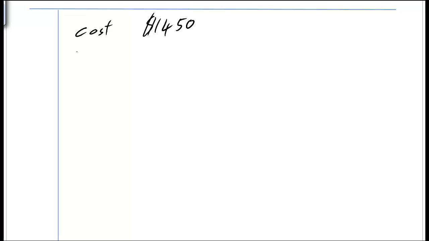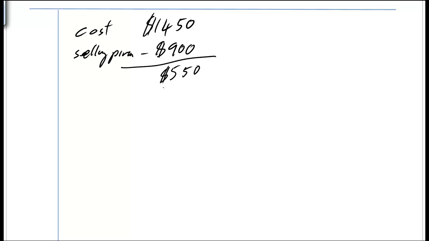And you sold it, so the selling price, say you sold it for $900. Now, how much money have you lost? Well, you can do a subtraction. 900 from 1450, I think, is $550. So you've lost $550. So the loss is $550.